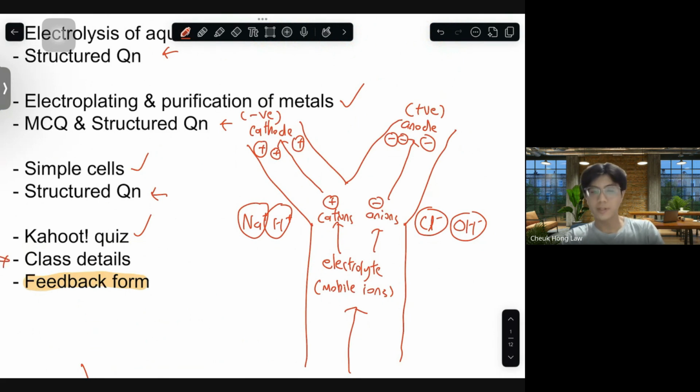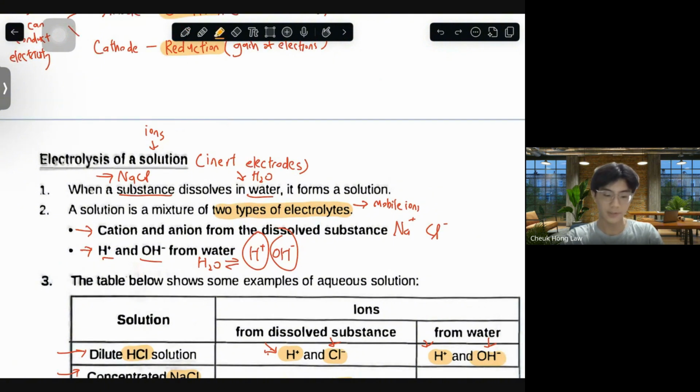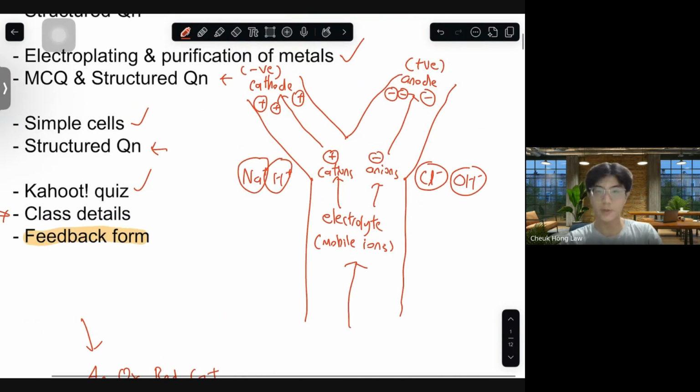Over here, it can either be that the electrode takes part in the reaction or the ions take part in the reaction. But just now, what did we learn? This electrolysis of aqueous solution is using inert electrodes. Inert means unreactive, so your electrodes do not take part in the reaction. Definitely, it will be the ions that take part in the reaction.